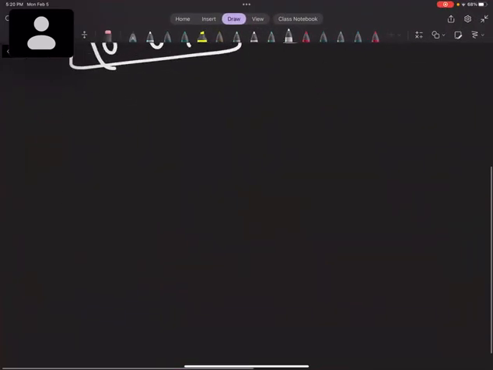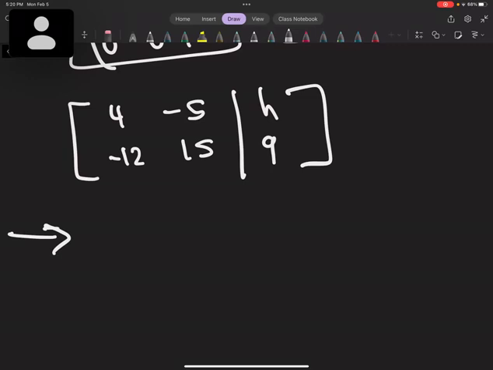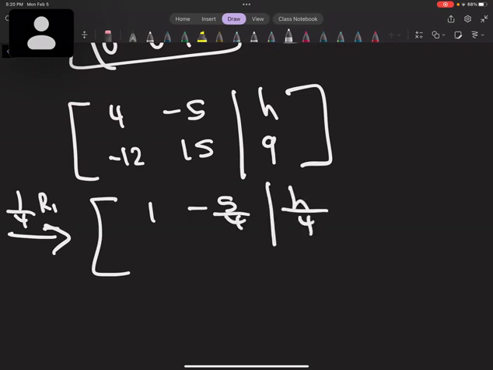So, 4, minus 5, h, minus 12, 15, 9. You first divide by 4. So you get 1, minus 5 fourths, and then h fourths. You got minus 12, 15, and 9.